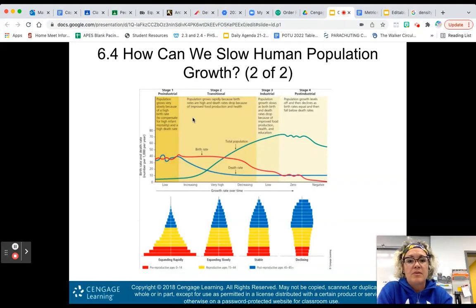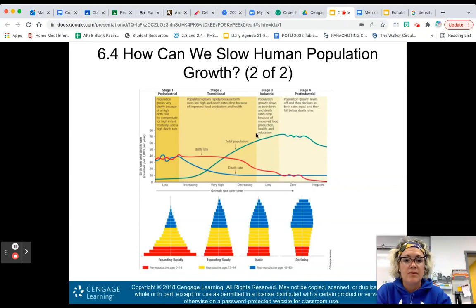But then in the transitional stage, which can be extremely long, population grows rapidly because birth rates are still really high based on practices from history, but death rates are dropping, usually due to improved agricultural food production, the trade of food, a more stable economy, and health innovations as well.